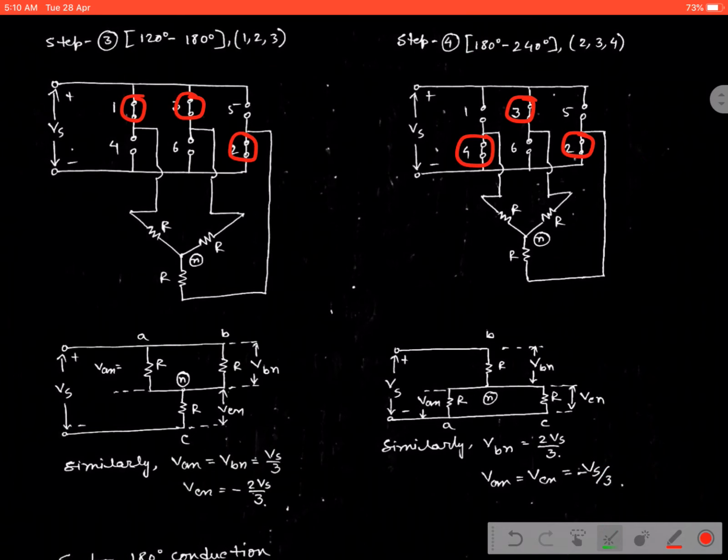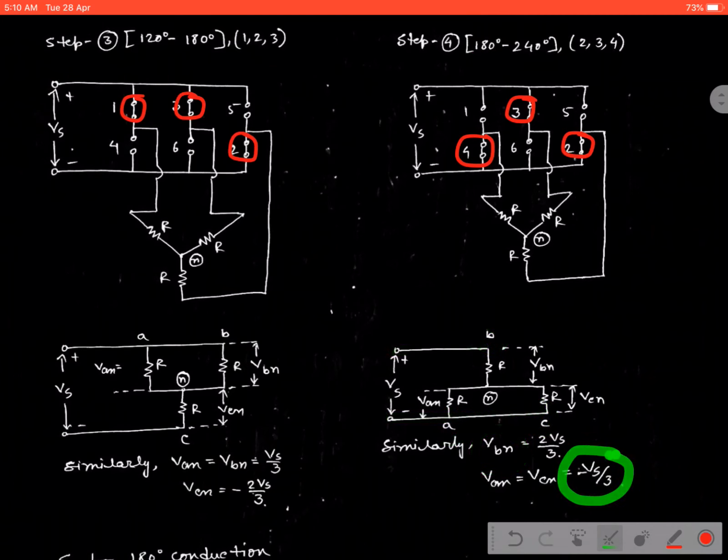Similarly, again we can calculate the voltage appearing across the resistances connected to the A, B and C terminals, and the result is VAN equal to VCN, that is minus Vs by 3, as they are connected to the negative terminal of the supply, and VBN is connected to the positive terminal of the supply, that is why minus Vs by 3.